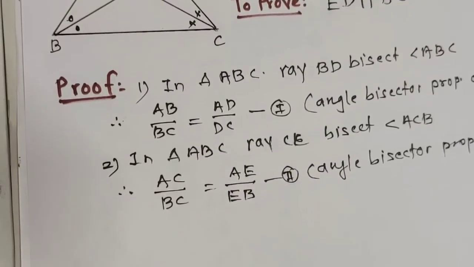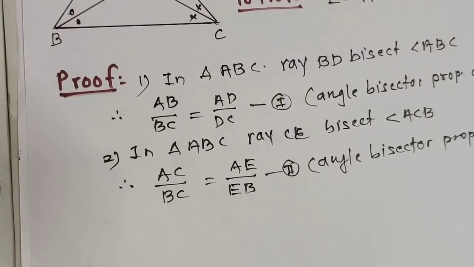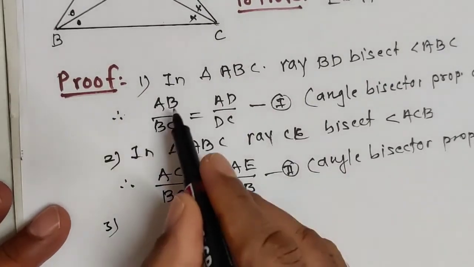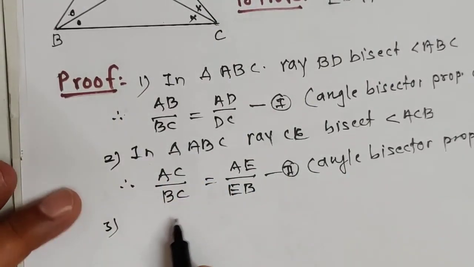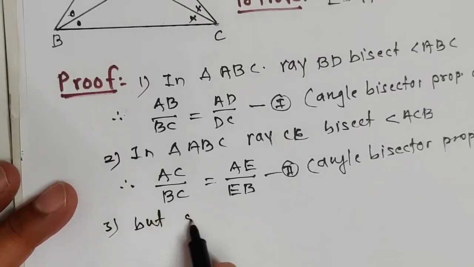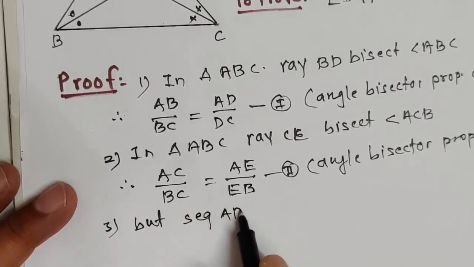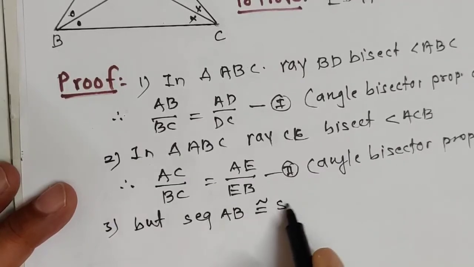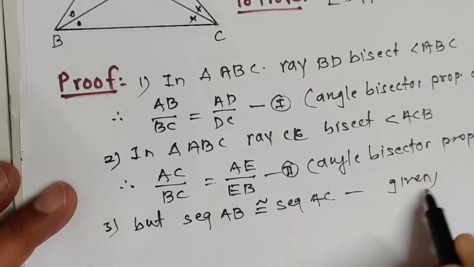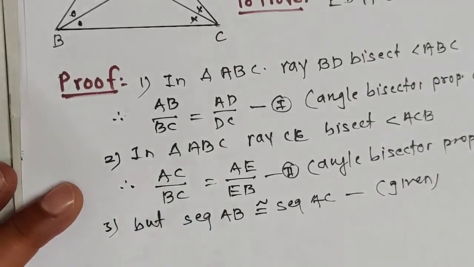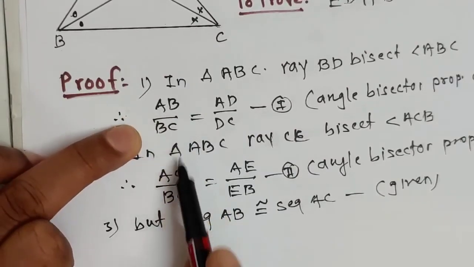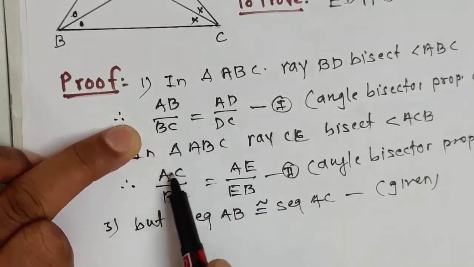Now if we observe 1 and 2, left hand side of 1 and 2, AB by BC and AC by BC. But what is given in the figure? Segment AB is congruent to segment AC, that is given. So if you observe this left hand side, AB by BC, denominators are the same and numerators are also equal.